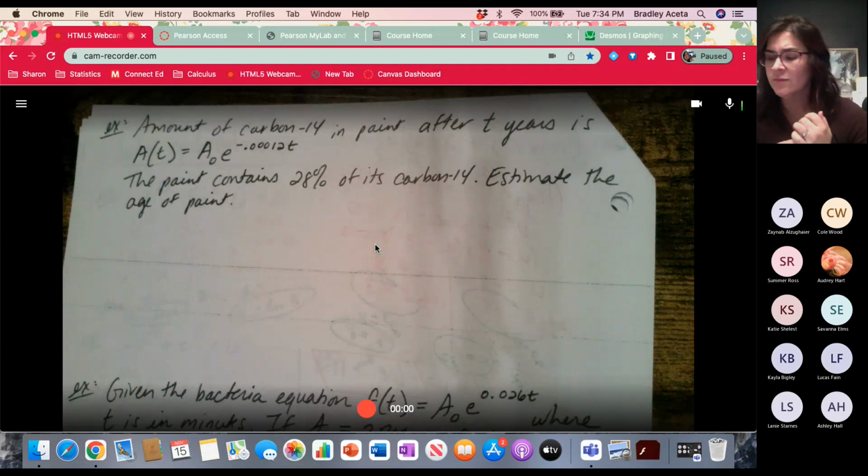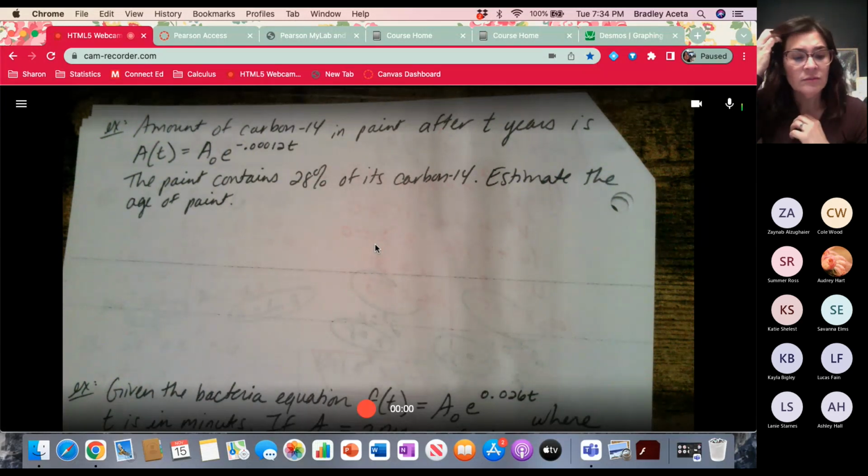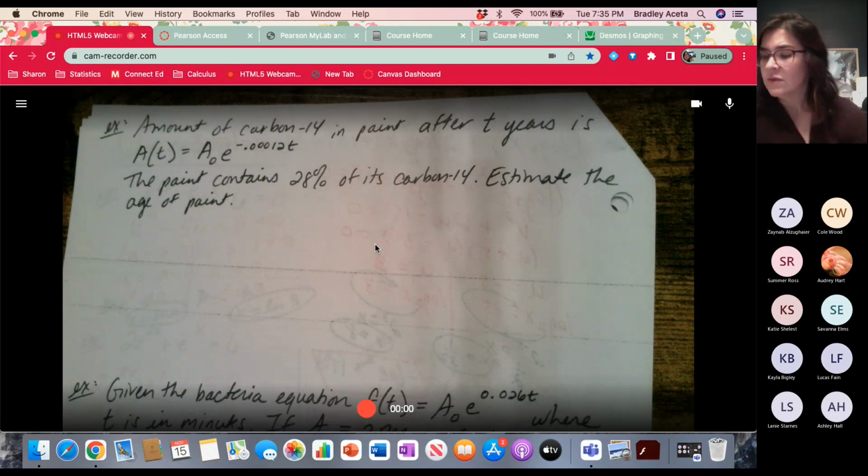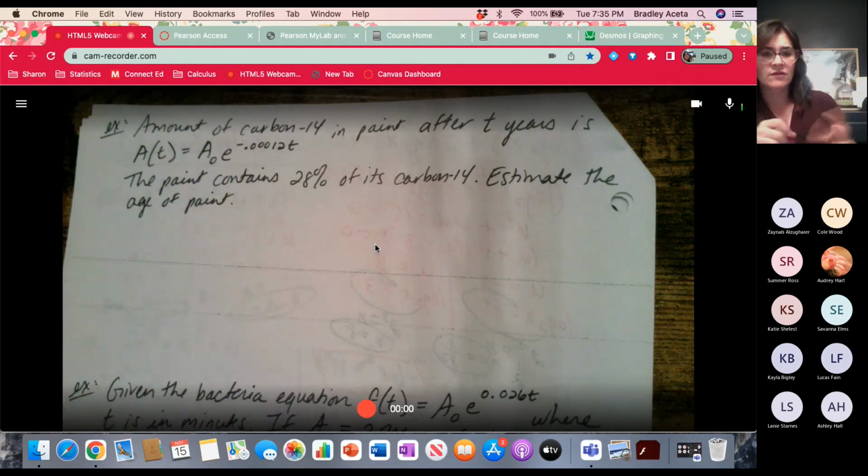Okay, so for this question, we have paint that contains 28% of its carbon-14. We have some kind of paint right now. At A sub 0, which if you don't remember what that means, the initial amount you had. Let's just say I had an initial amount of 100%. Or we had a whole can of paint.